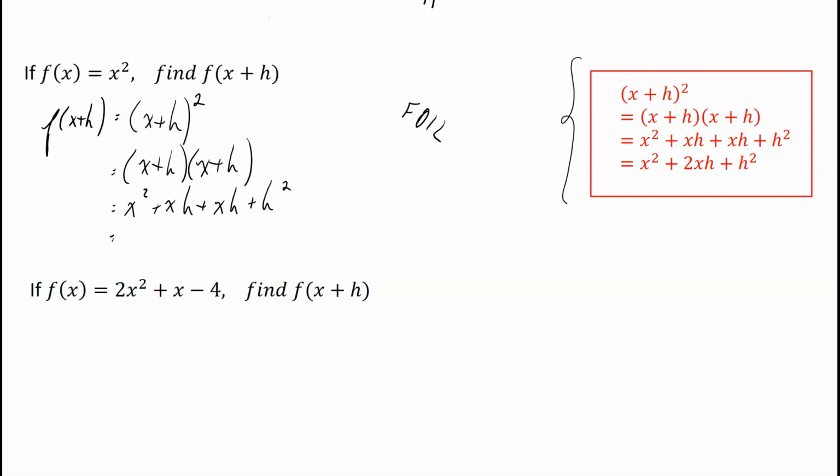We have like terms in the middle, so that is x squared plus 2xh plus h squared. Okay, so that explains why we must use this method for squaring the binomial. Now that you've seen that, I would like you to try this next one. Pause the video and give it a try.